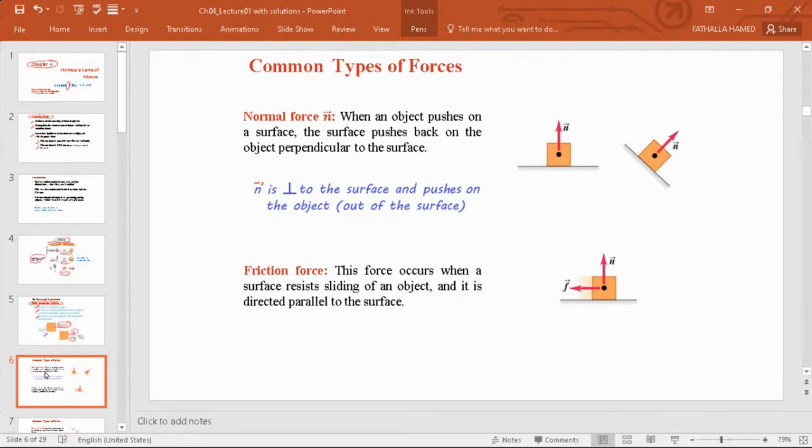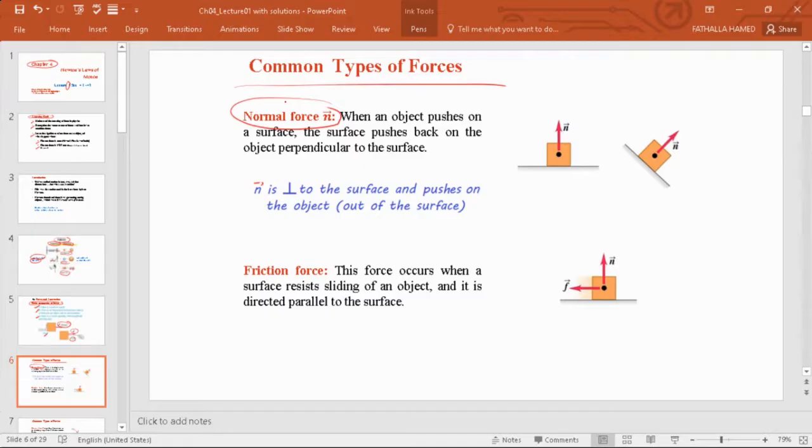But there are common forces that we're going to encounter. And this common type of force is what we call here the normal force. And the normal force is coming from a support. You're most likely now sitting on a chair, and that chair has to support you.